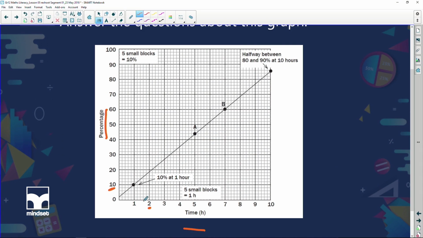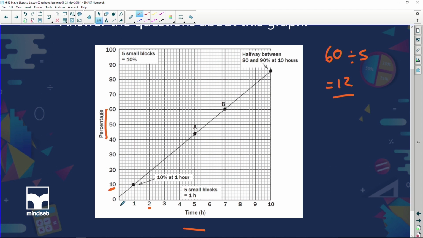Each big block, this is easy, is saying 1, 2, 3, 4, 5, 6, 7, 8, 9, 10 hours. But the little bits in between, how many are there? 1, 2, 3, 4, 5 bits. So 1 hour is 60 minutes. We divide it by 5 and we get 12.